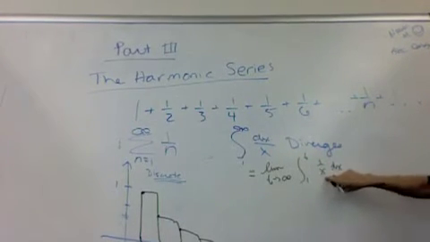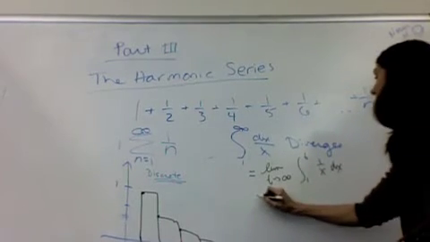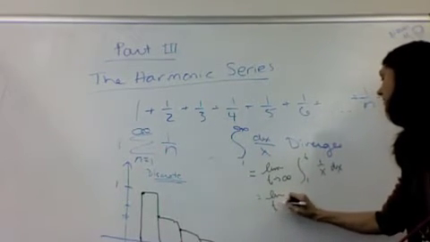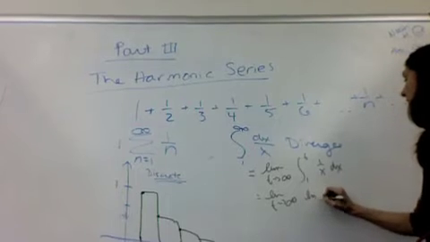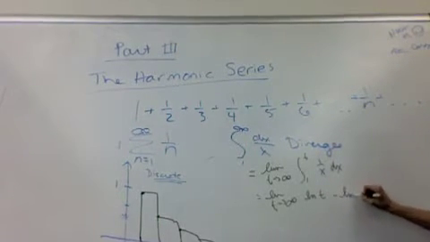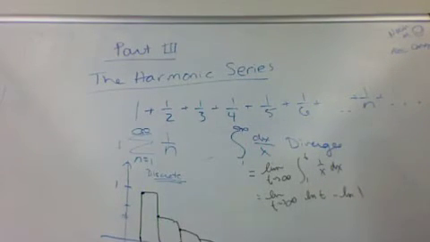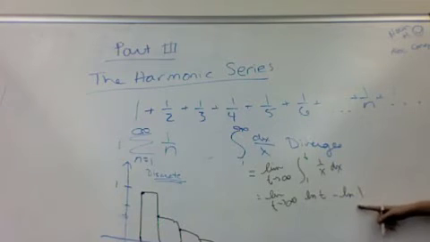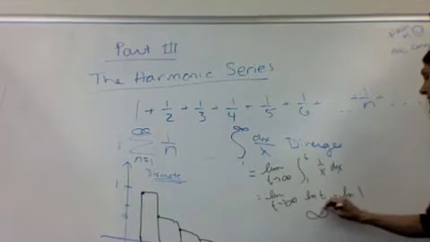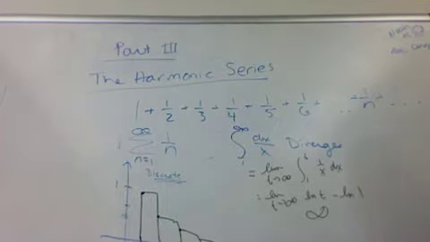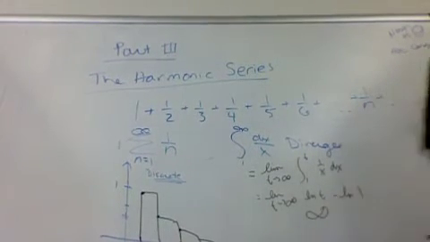And then what's the integral of that? ln. So it's the limit as t goes to infinity of ln t minus ln 1, and then infinity. So you can just use calculus to show that. That's the new lesson you guys learned last. That's so brutal, because that makes no sense looking at it.